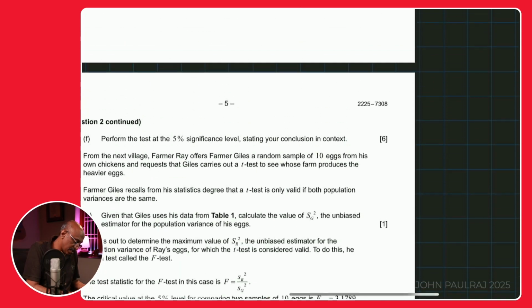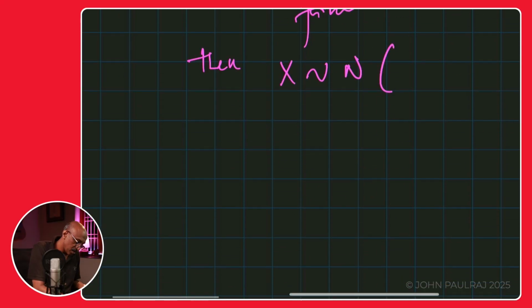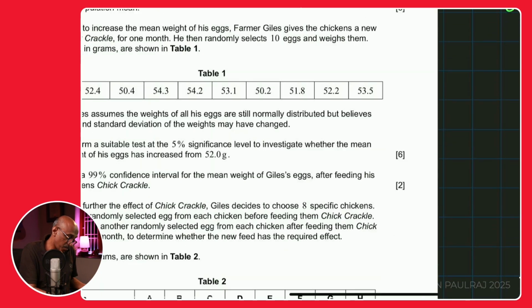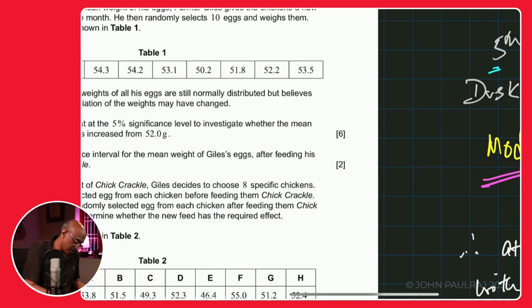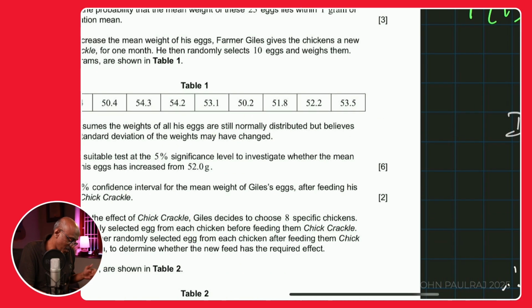The mean they said in the question was 52.0, and the standard deviation is given as 3.7. And remember, when you write down what you write here, did they say 37.0? Let me just check that again. 3.7.